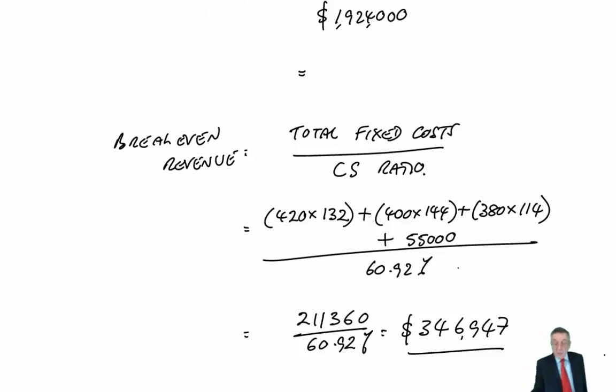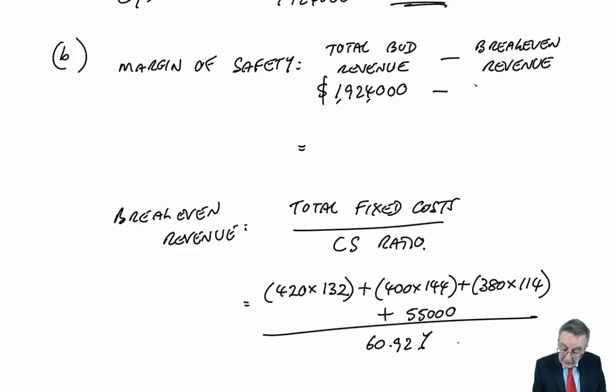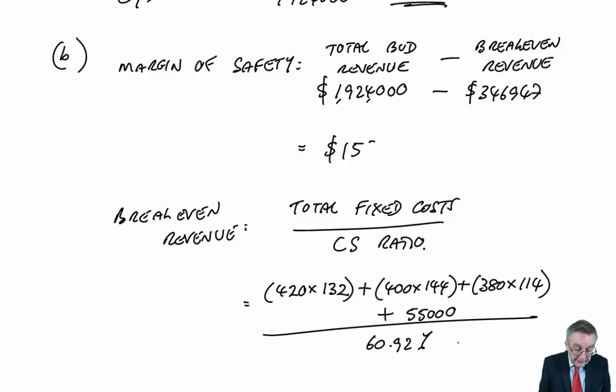If the revenue does drop, it's still going to be profitable, provided it doesn't drop below 346,947. So the margin of safety, the difference, is 1,577,053.